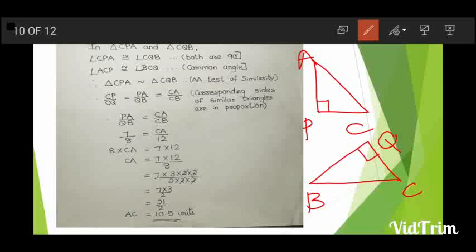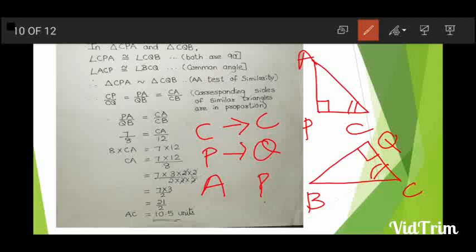See here, this is 90 degree. They have already given the information. So how to write the order? For example, you have written the first triangle CPA. P is 90 degree here, and here Q is 90 degree. Both will come together. Then what is common? Angle C is common in both. So here C means here also I'll write C. Then which is the third alphabet left in the second triangle?